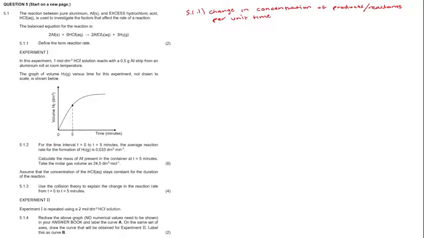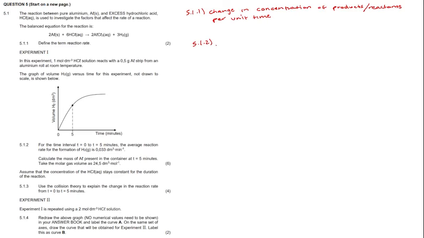For the time interval t equals 0 to t equals 5 minutes, the average reaction rate for the formation of H2 is 0.033 decimeters cubed per minute. Calculate the mass of Al present in the container at t equals 5 minutes. Take the molar gas volume as 24.5 decimeters per mole.